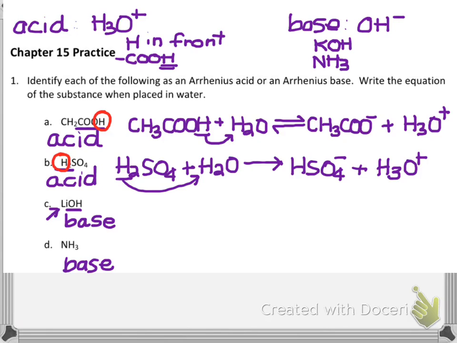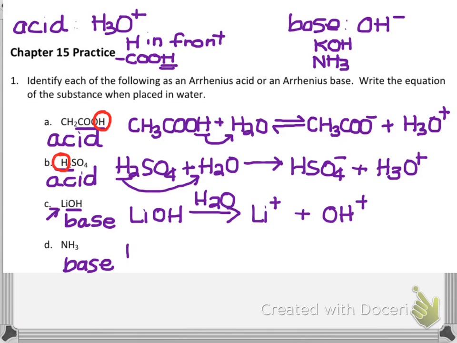Now for bases, when it's a metal and a hydroxide, remember that metal ionic compounds, when you place them in water, dissociate. So the LiOH is not really reacting with water, it's just being placed in water, and it will dissociate into lithium ions and hydroxide ions. Now ammonia is an example that reacts with water, and I've really only asked you to remember ammonia.